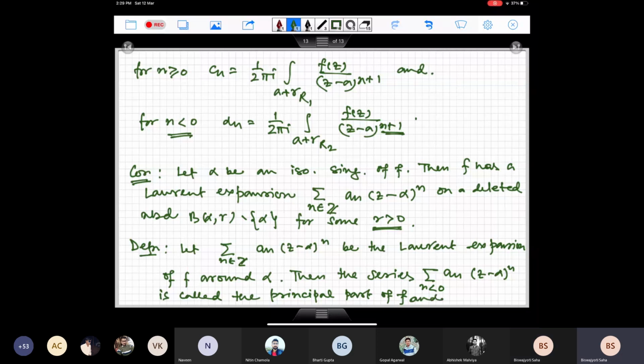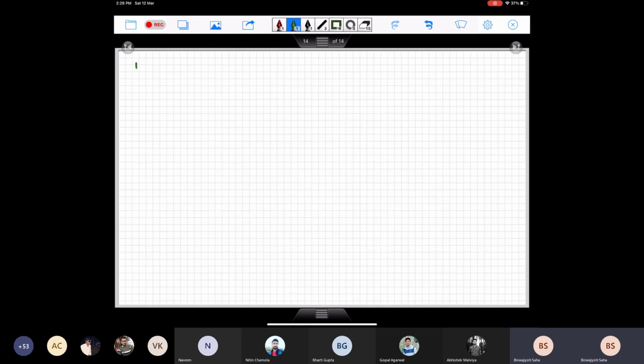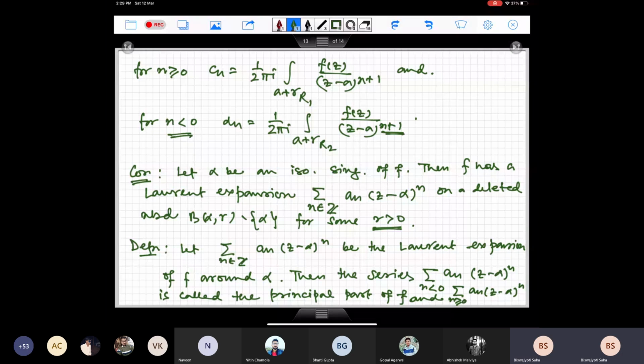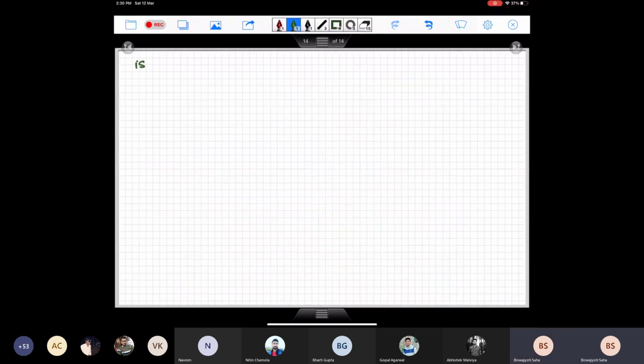And the summation n bigger than or equal to 0, a_n (z minus alpha) to the power n, is called the holomorphic part.